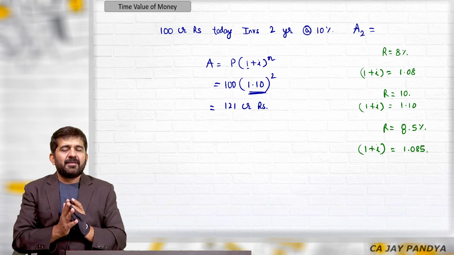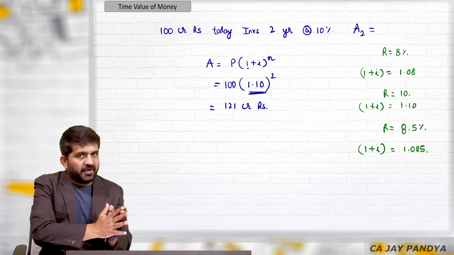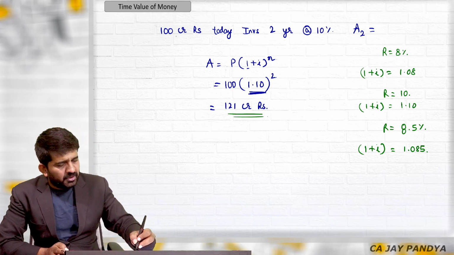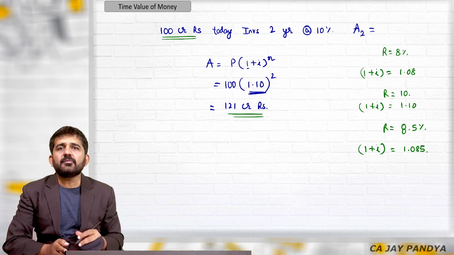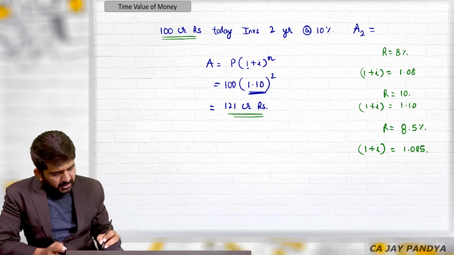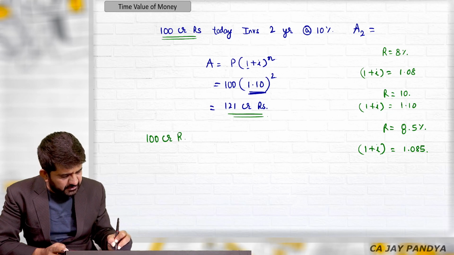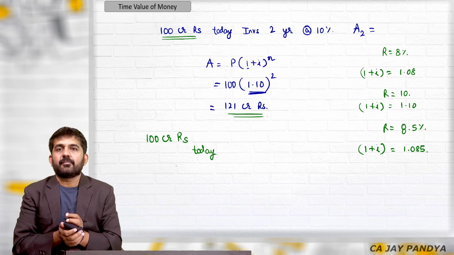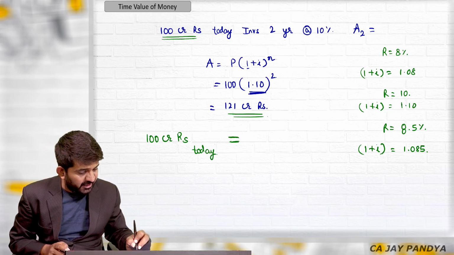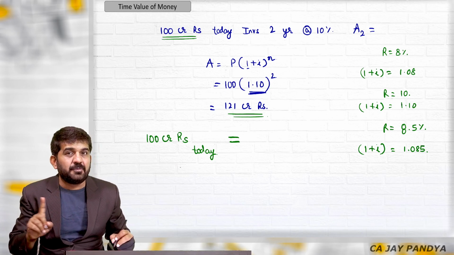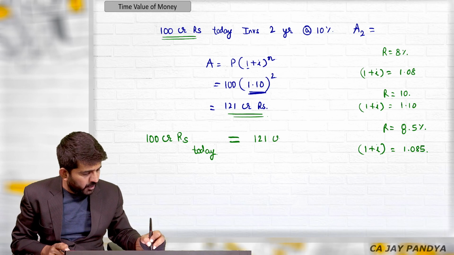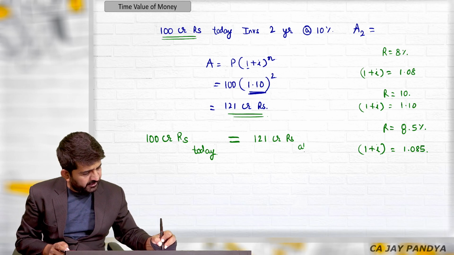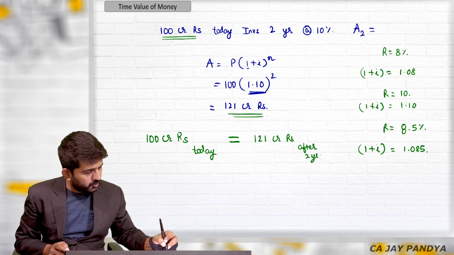Now we are going from mathematics again to finance. This is mathematics. Let us go again to finance. Try to understand these two values. In the same question, this 100 crore rupees is as on today, and I am writing equal to, which is not possible in mathematics, 121 crore rupees after 2 years.